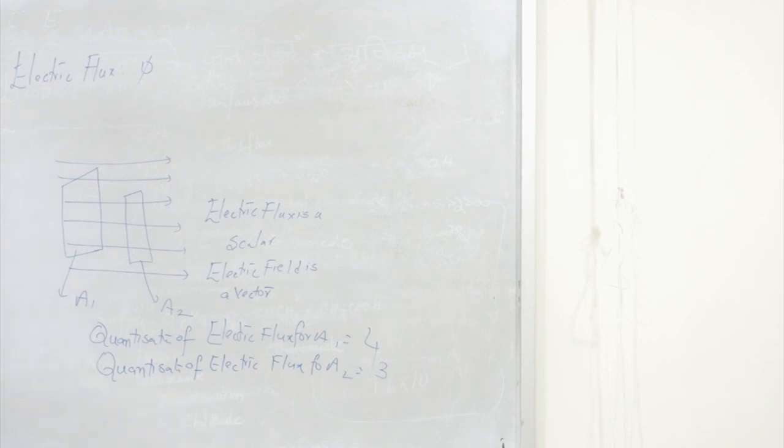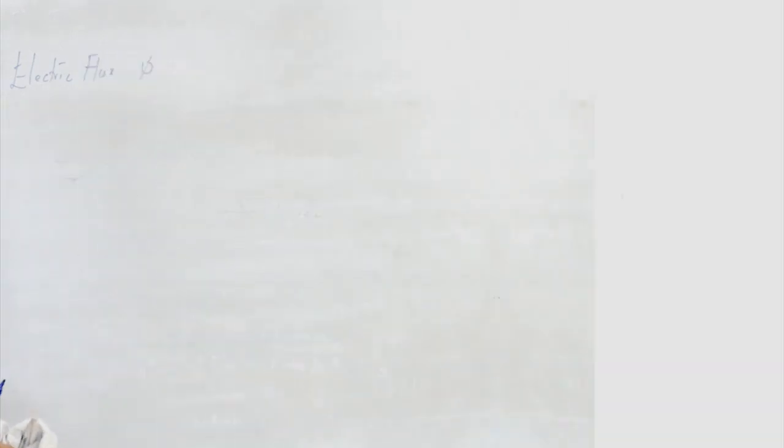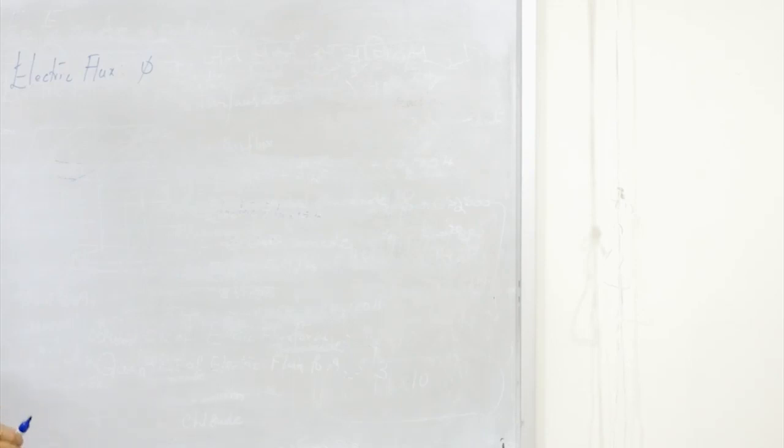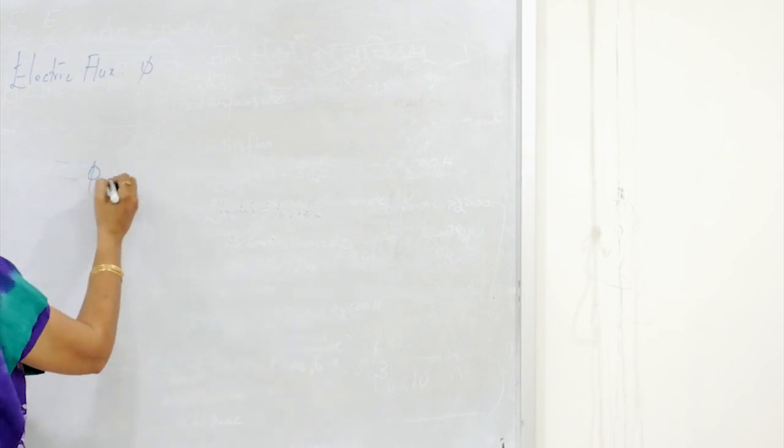Coming to the definition of electric flux, the total number of electric lines of force that are passing through a given area at a given point is known as electric flux.